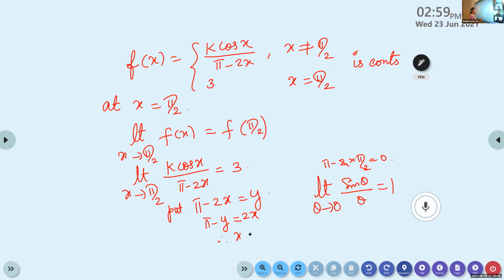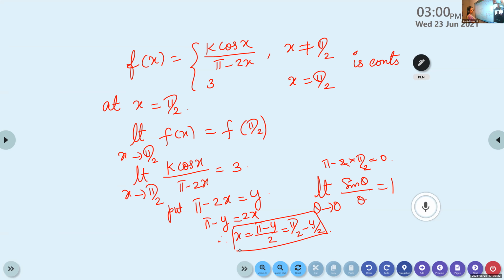Therefore, what is x? Pi minus y by 2, that is pi by 2 minus y by 2. So in the place of x, we can put pi by 2 minus y by 2.